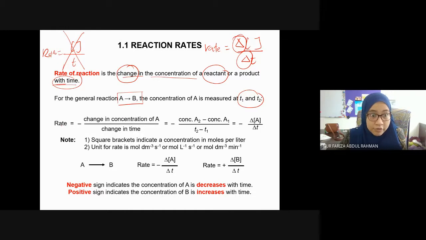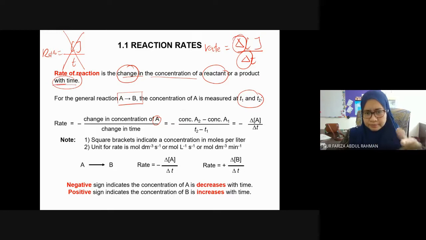We know that rate is equal to negative change in concentration of A over change in time. Why do we have negative here? Because A is a reactant. Throughout the process, the concentration of A will be decreasing, whereas B will be increasing.